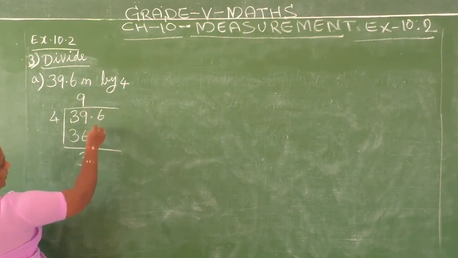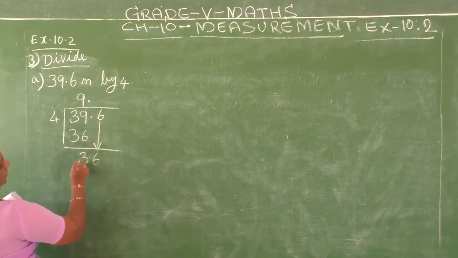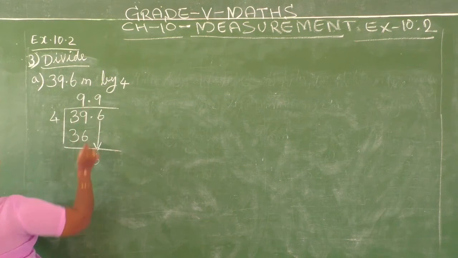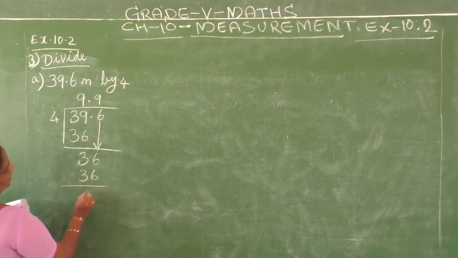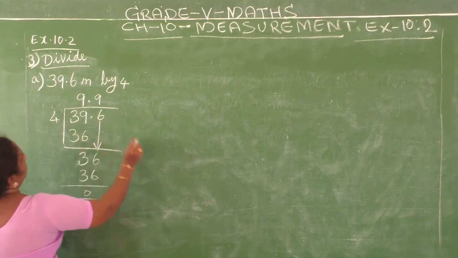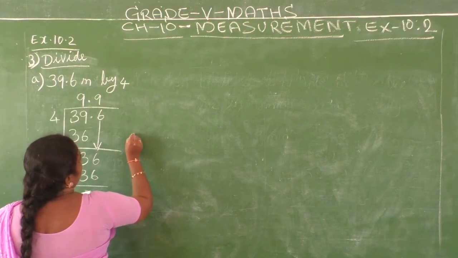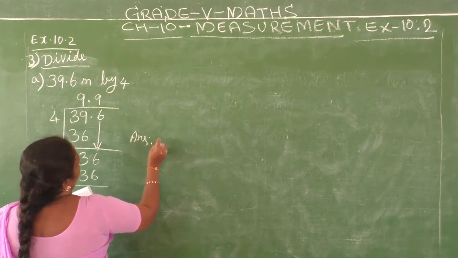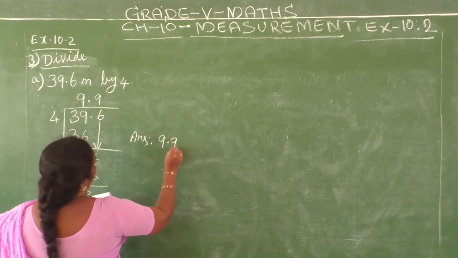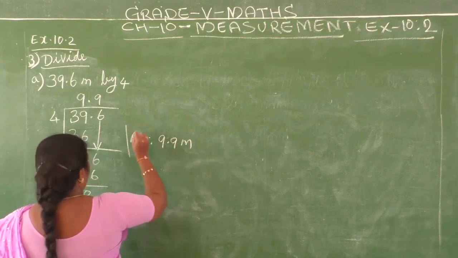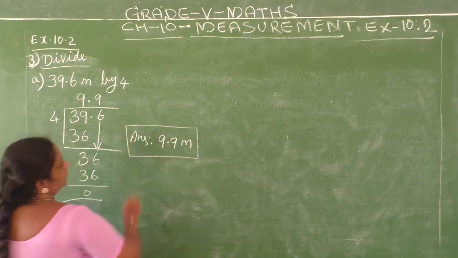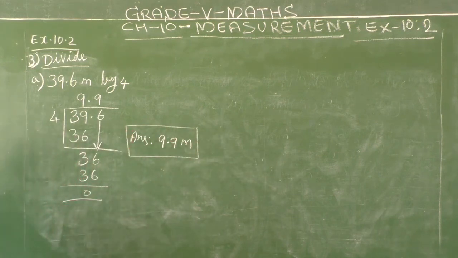Before you bring down, you keep the decimal point on the quotient also. Now you have 36. Again 9 times it will come. 9 4s are 36. So 36 minus 36, 0. So this is the answer. We divide this 39.6 meter by 4, and the answer is 9.9 meter. Okay ma, as usual division only. But they gave the unit, so without fail you have to write the unit and keep the decimal point.